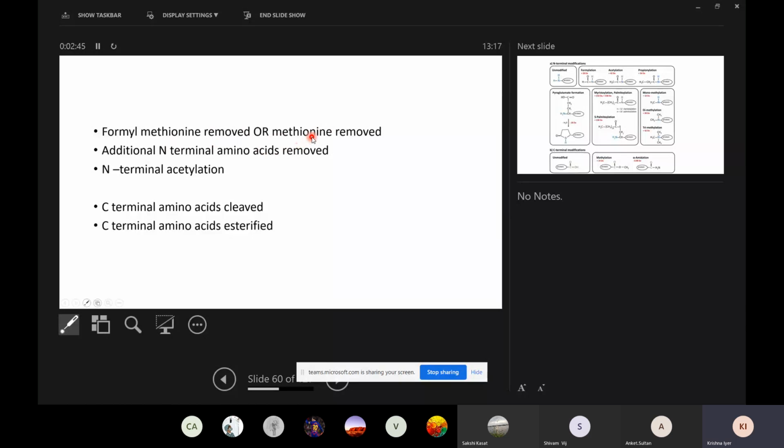Usually, more than one amino acid is removed, and in addition to that, many times the N terminal is acetylated, forming an N-acetyl amino terminal.